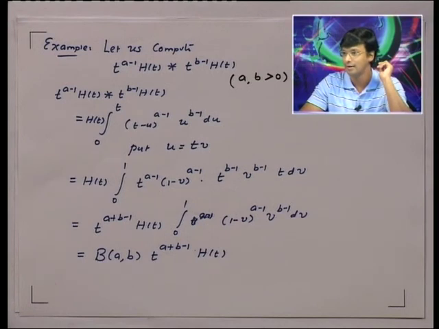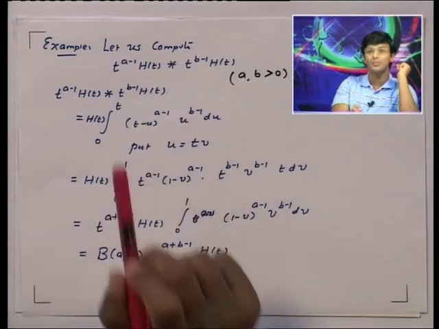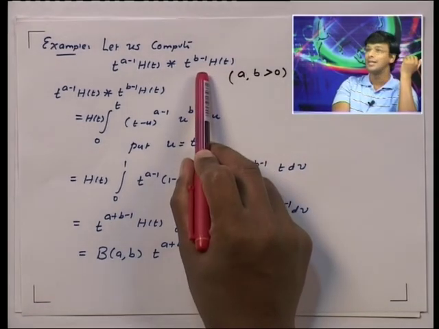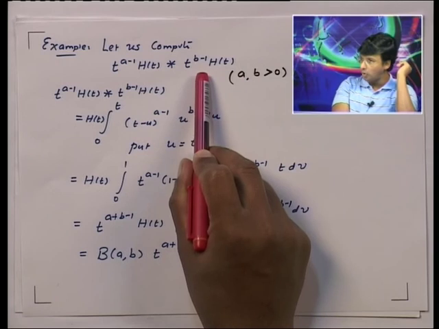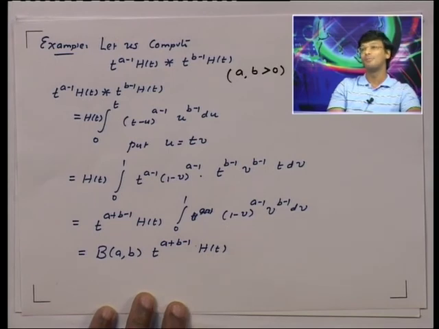Correct? So what is the Laplace transform of t to the power a minus 1 h(t)? Gamma of a upon s to the power a. The Laplace transform of this is gamma of b upon s to the power b, and the Laplace transform of this is gamma of a plus b upon s to the power a plus b.